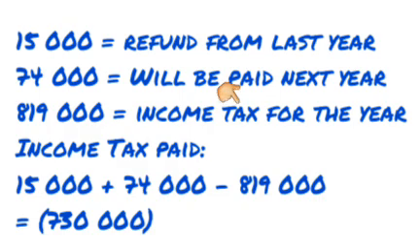I'm trying to use all of these amounts to calculate the income tax that I would have paid this year. So I start with 15,000. It's a plus. It's going to be a positive amount, meaning it's an inflow because it's a refund from last year. Then the 74,000. This 74,000, I owe it to SARS, but I'm not going to pay it to SARS till next year. So it doesn't become a minus until next year happens.